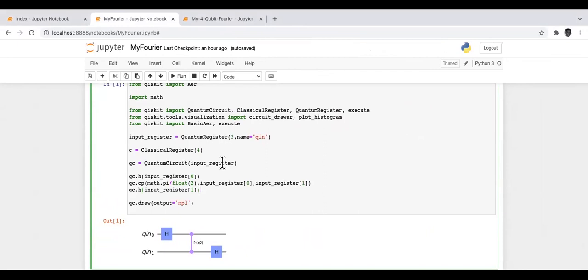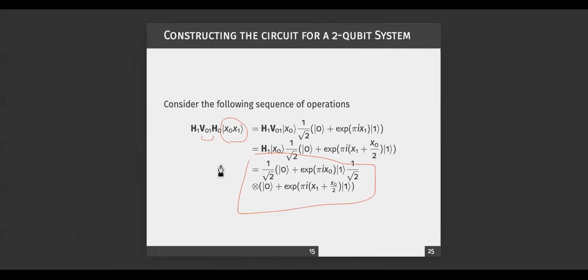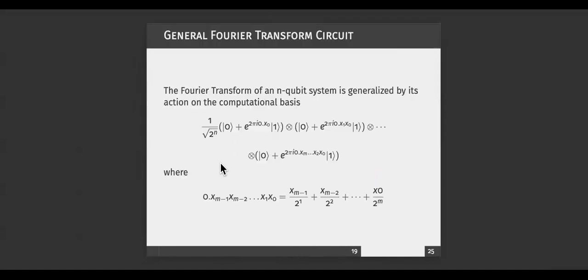Okay, good. Now let's go to the generalization. The quantum Fourier transform of an n-qubit system is generalized by its action on a computational basis.